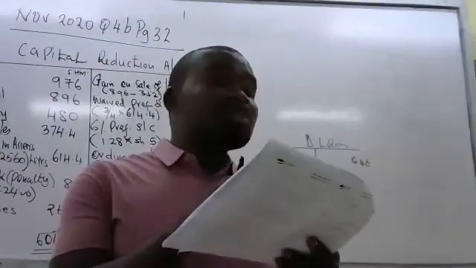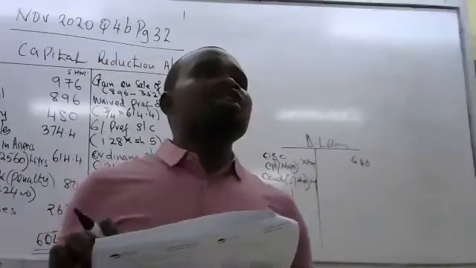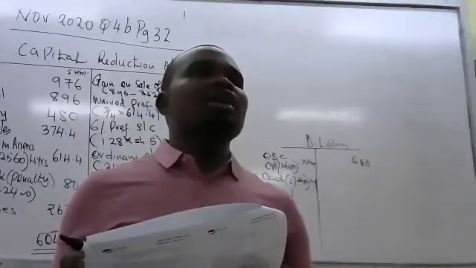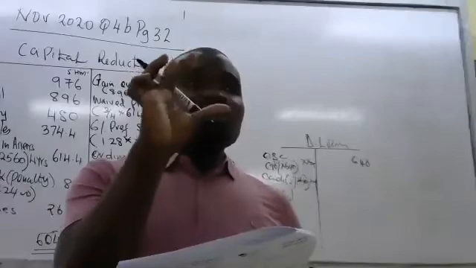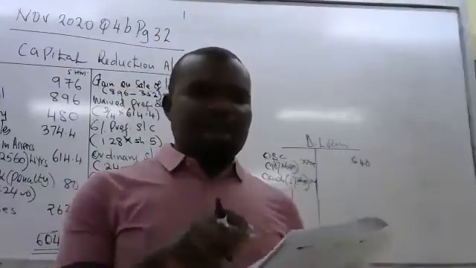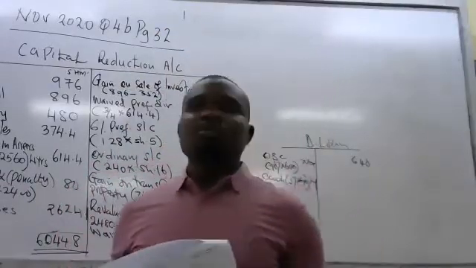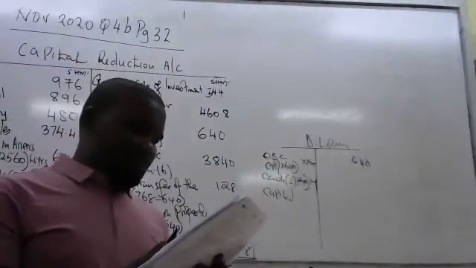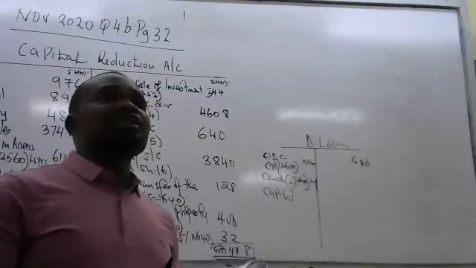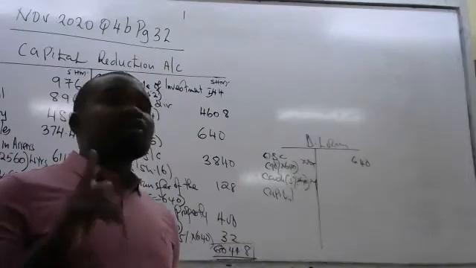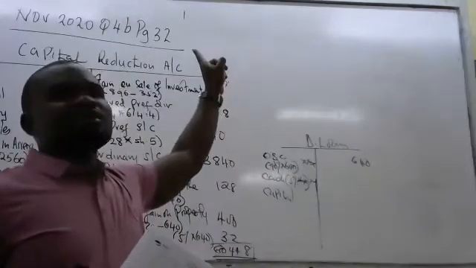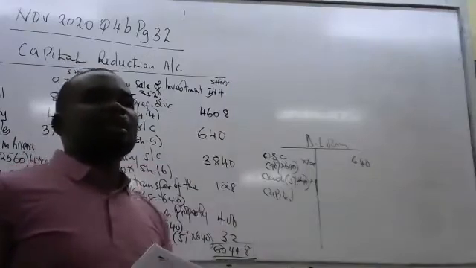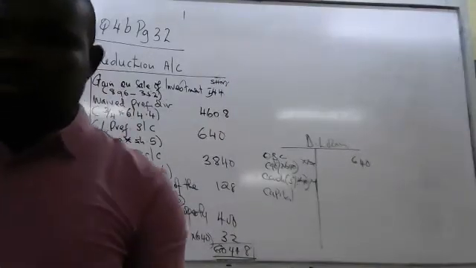So 2720 minus 640 leaves 2080, and it was revalued to 2480. So that's a revaluation gain. You debit the asset, then you credit the capital reduction. So that's how it came out.